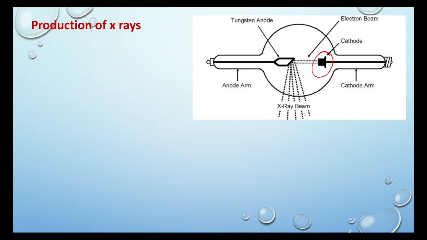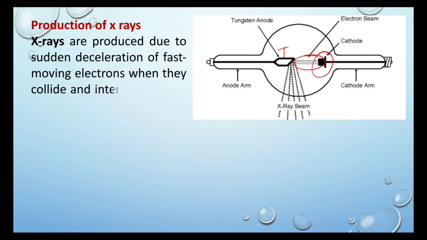When current passes through the filament, it gets hot and emits electrons. This cathode emits electrons, and the emitted electrons are accelerated by applying a high positive potential towards the target. This is the target material, and the melting point of the target material should be high.